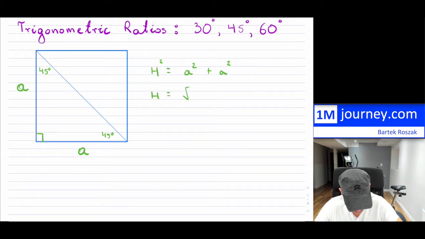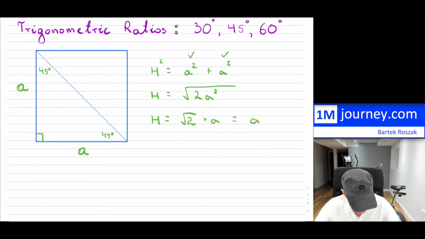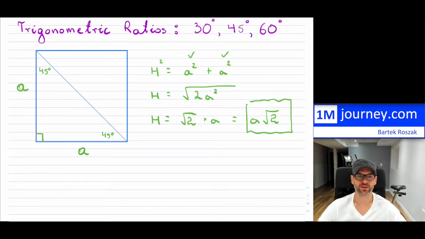If I take the square root, my h becomes the square root of 2 multiplied by a. I'll write the a in front of the radical. So this is my hypotenuse, and it doesn't matter what the length of a is.